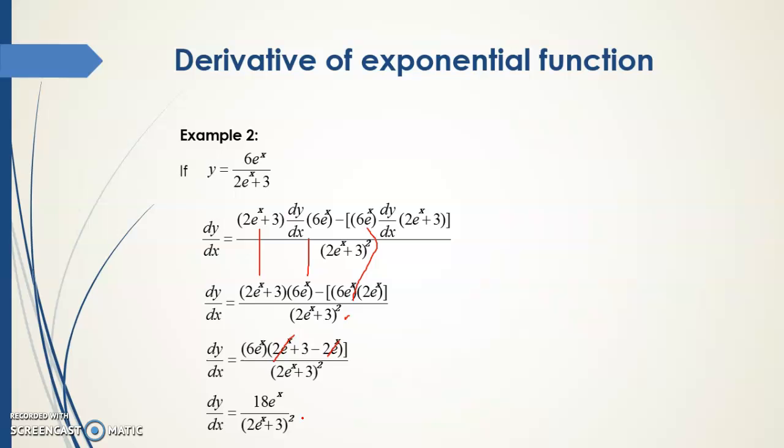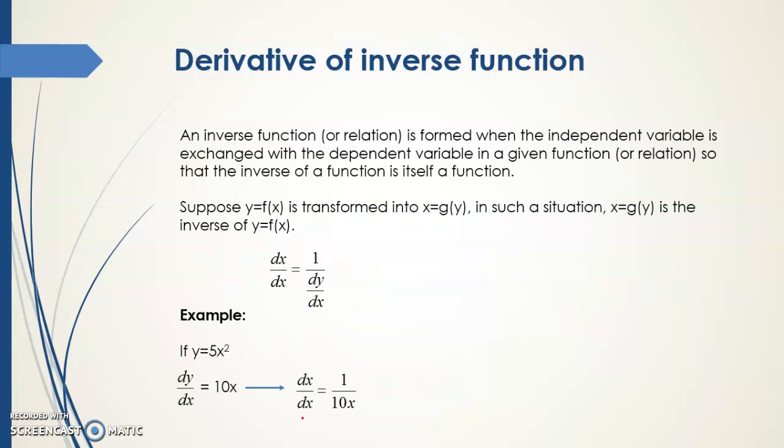Now the next important function is the derivative of inverse function. Sometimes the question says that instead of dy by dx, find dx by dy. So it is very simple. An inverse function is formed when the independent variable is exchanged with the dependent variable in the equation.